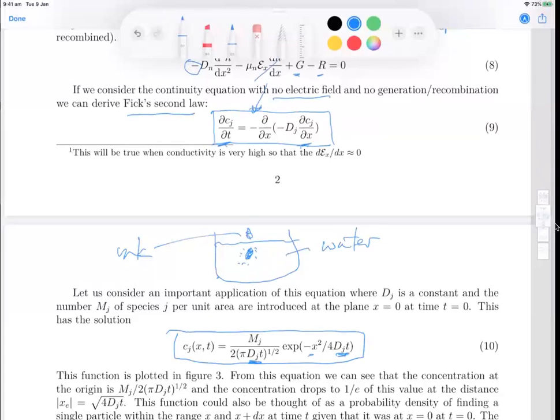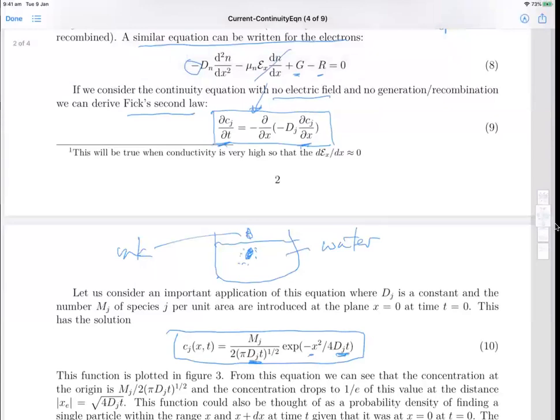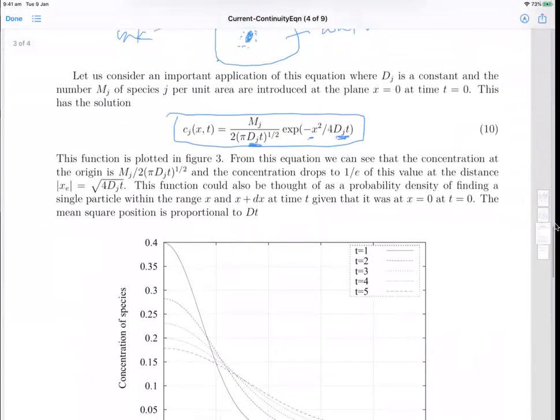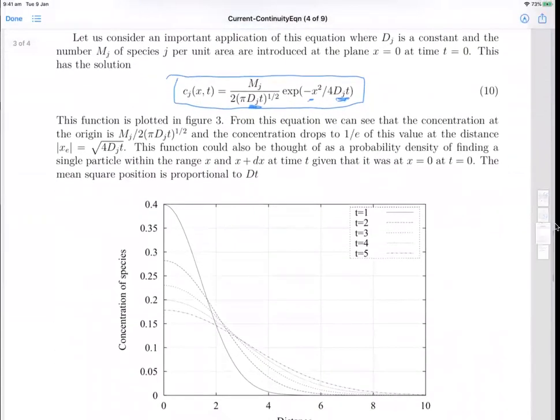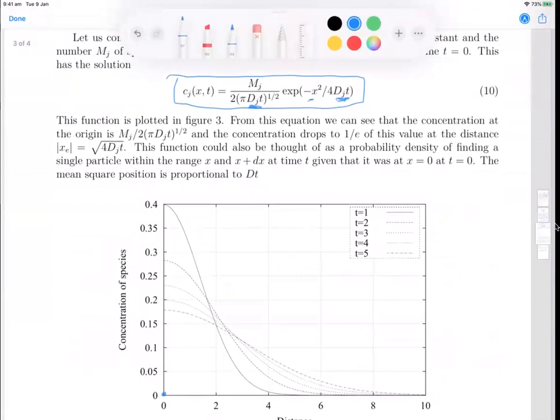So if we show diagrammatically what this function looks like, it looks like this. So this is where we dropped in the ink. So this is where we have the time t equals 0. We put a spike of something. So we put in a spike of some species. In this case, the species is J.